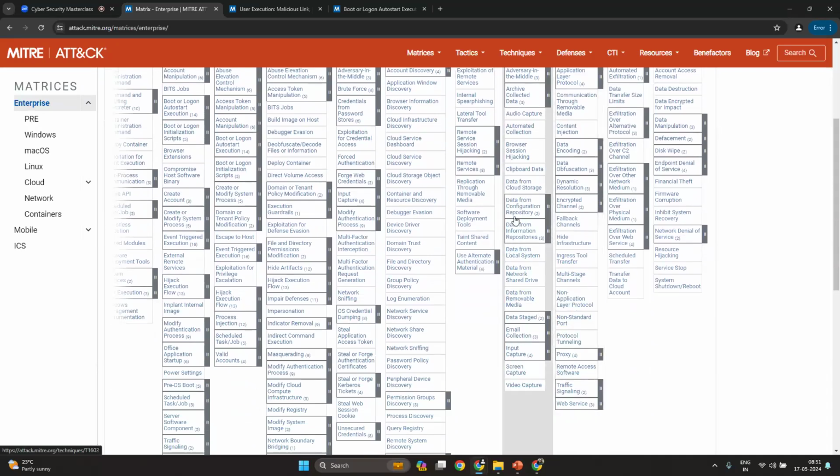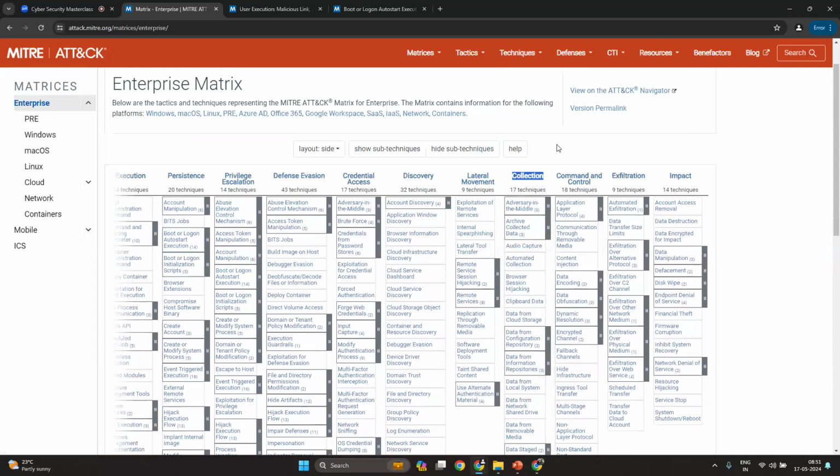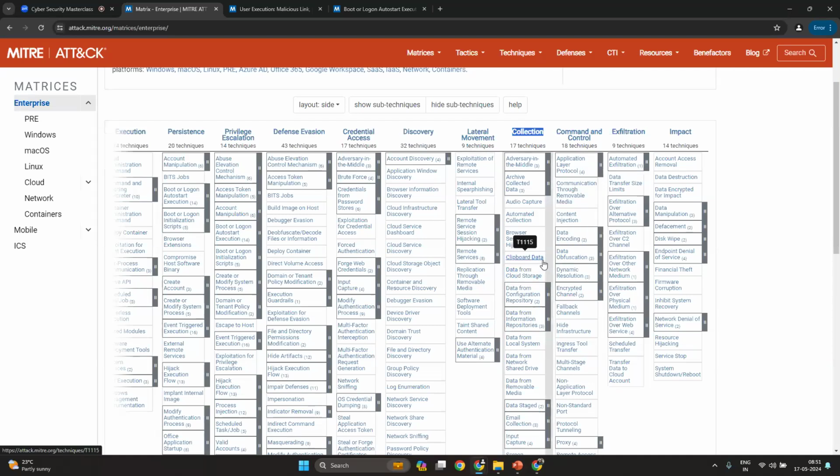In collection, basic examples could be copying data from the clipboard, and you can create a detection wherein you notice somebody copying data from the clipboard. But at least from my experience, it is prone to a lot of false positives, so it's going to create a lot of noise. And how is lateral movement achieved?